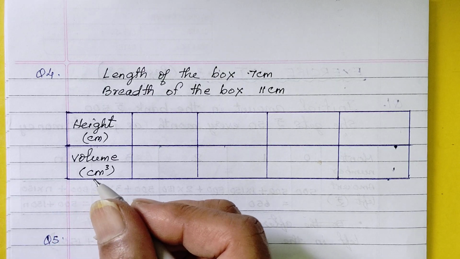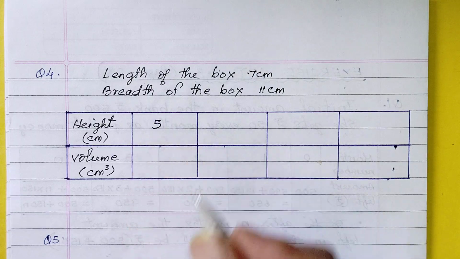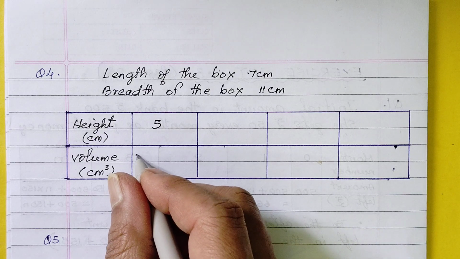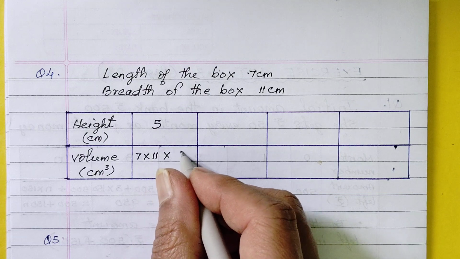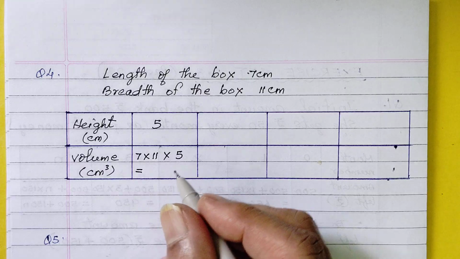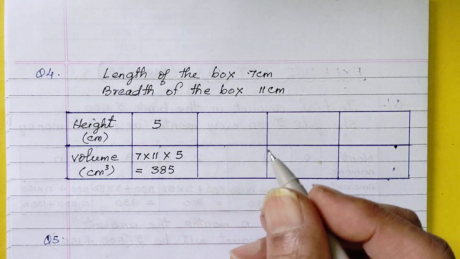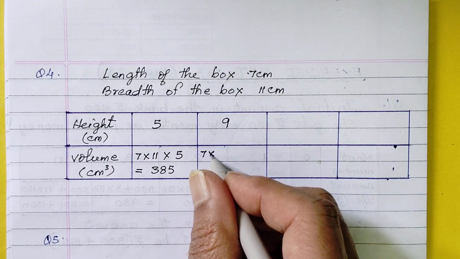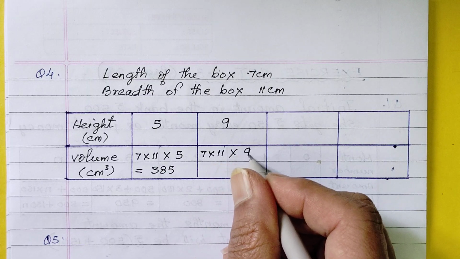So when the height is 5 centimeters, the volume will be length into breadth into height. So length into breadth into height, that is 5, so we'll get the volume, that is 385 centimeter cube. Suppose the height is 9 centimeters. The volume will be length into breadth into height.